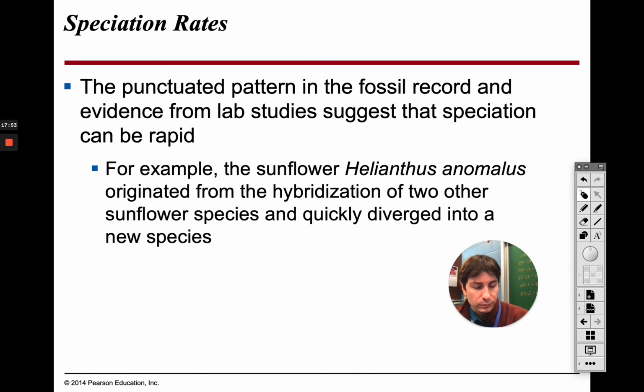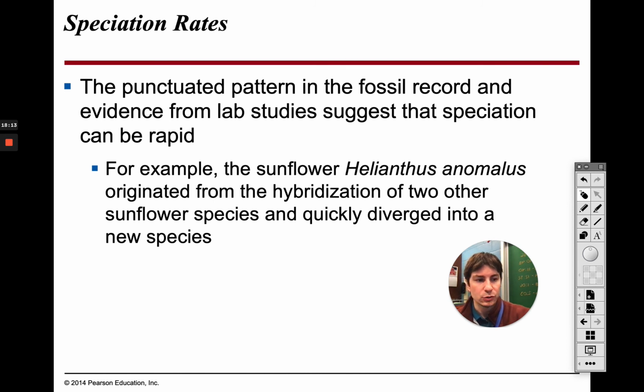Well, speciation occurs because of a need based on the environment. So if an organism is not well adapted to the environment, it's not going to slowly change. In that time where it's slowly changing, it's actually going to go extinct.